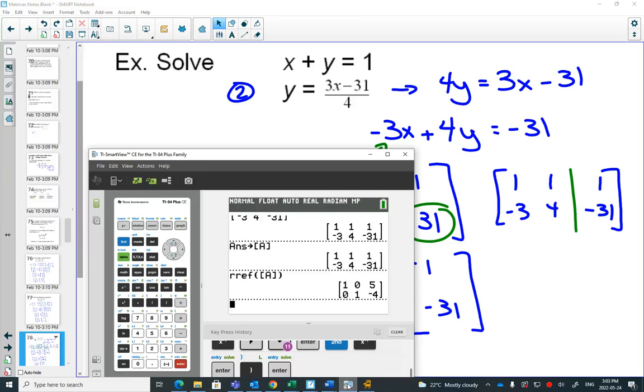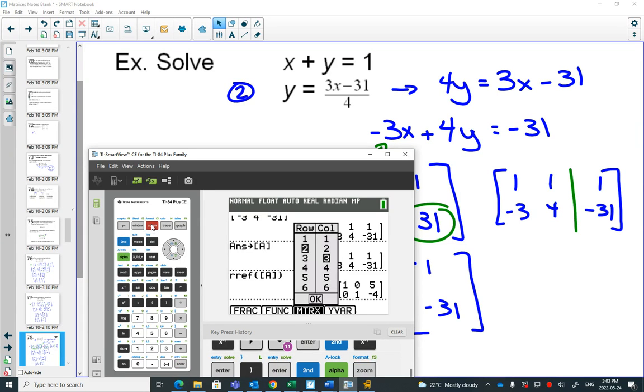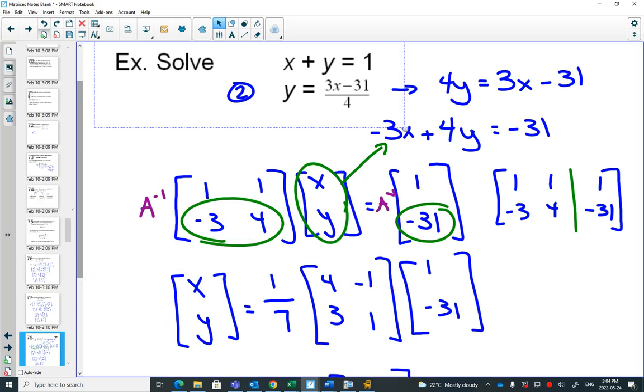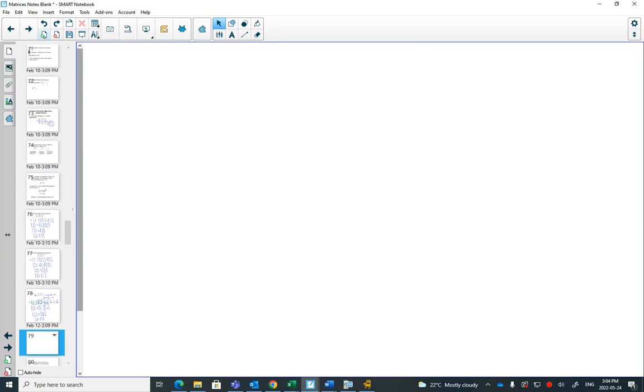So if we go back to our matrices, let's go second alpha. Let's create a system of 3 equations. Let's make a nice one to start with. Okay? So I'm going to make a 3x4 system of equations. Do you know how you make a nice system of equations question?